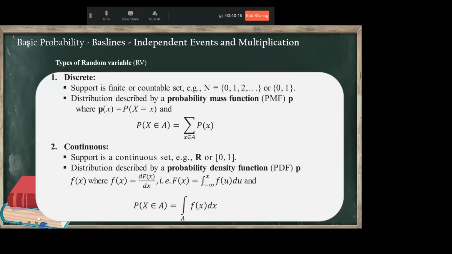Whereas in continuous, a given range is there. That's why it's known as continuous. We call it probability density function, and it lies under a certain range. Hence, in probability mass function we add, but in probability density function we integrate the function. Why?